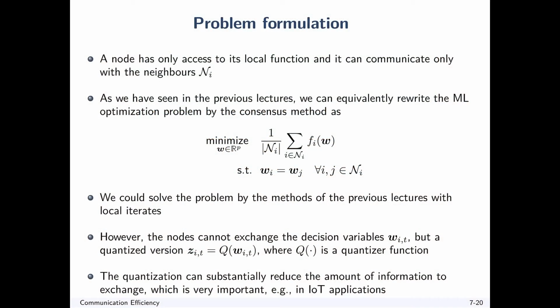Okay, we just minimize our function here, and we introduce again the consensus constraint, so that the local w_i is equal to the w's of the neighbors. Just go back to a couple of lectures ago.